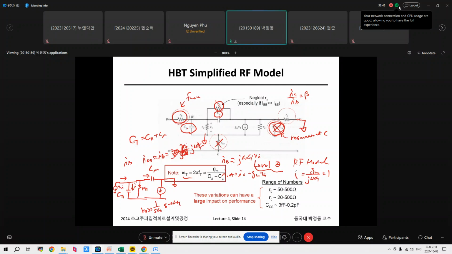Therefore, omega is GM over CT, which is C mu plus C pi, GM. That's why you define omega T like this.